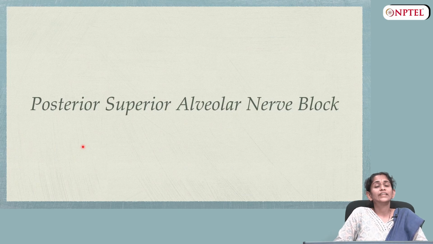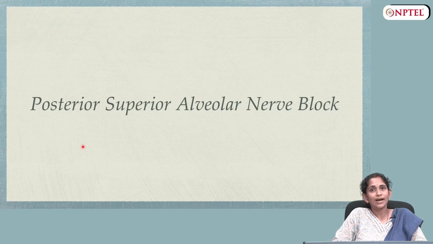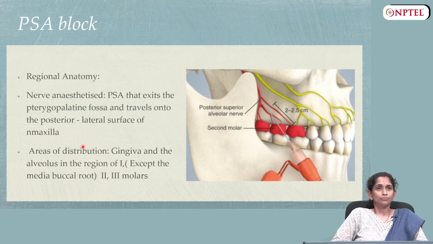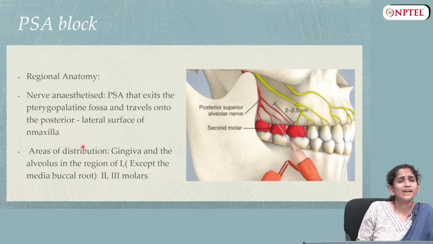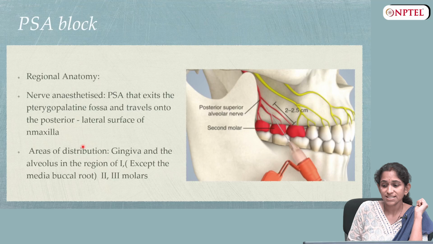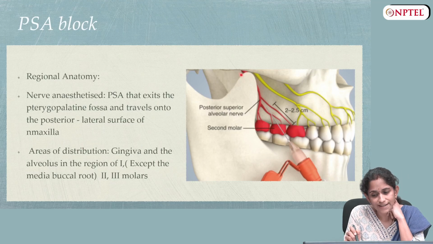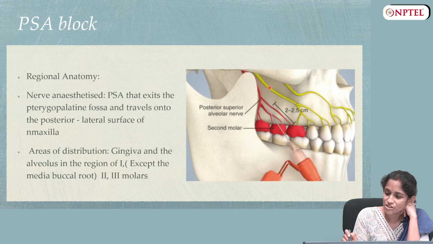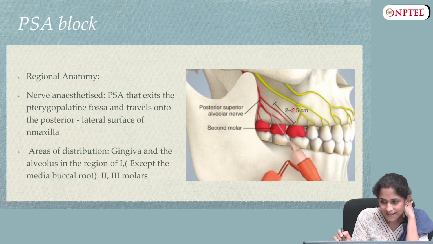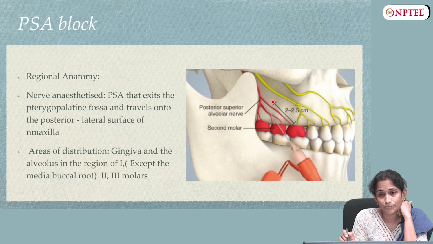The next one that we're going to look at is the posterior superior alveolar nerve block. Now, the posterior superior alveolar nerve, as we have discussed, is a branch that arises from the maxillary nerve in the pterygopalatine fossa. A few of the branches run outside the bone, whereas part of the nerve enters the bone.